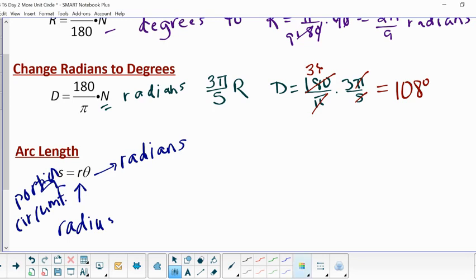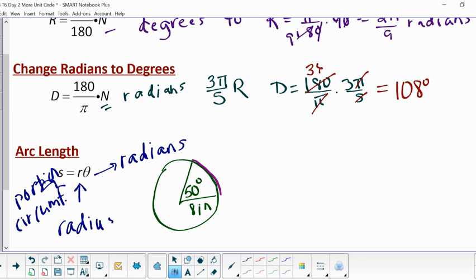Okay, so let's say I told you that there was a circle that had a central angle of 50 degrees and a radius of 8 inches. So you could find that arc length. You would first have to change that theta, that angle of 50 degrees, into a theta that's in radians.